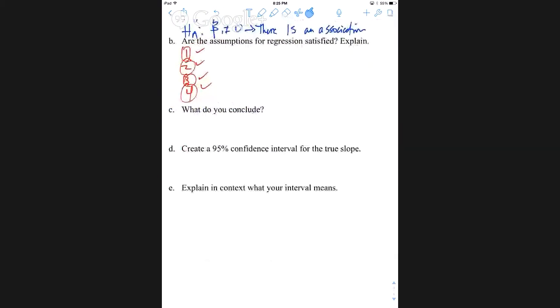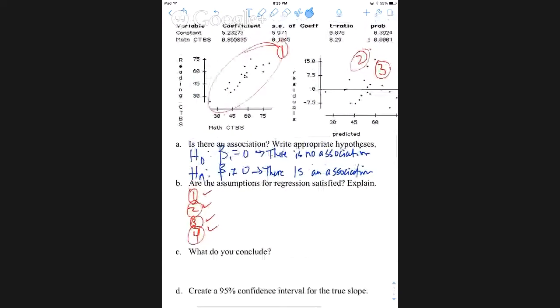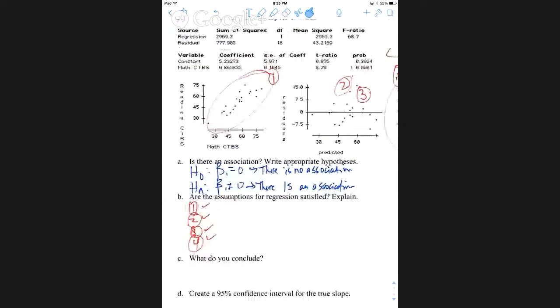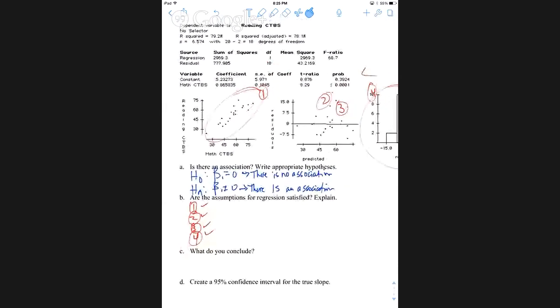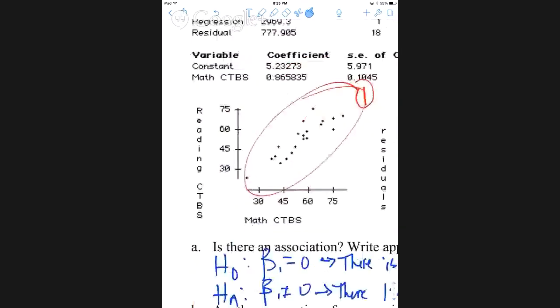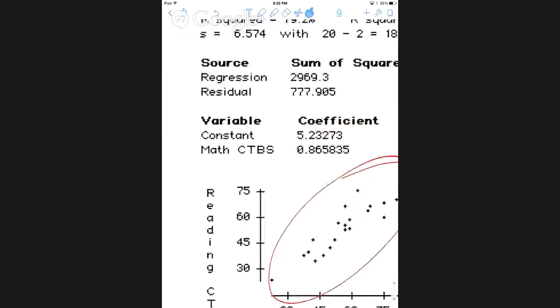So let's see, it says, what do you conclude? We got to come up here and take a look at our information. Right here, let's zoom in. We're always going to look where it says variable. We're always going to look at the one that does not say constant. The one that says constant, this coefficient right here, is going to be your y-intercept.